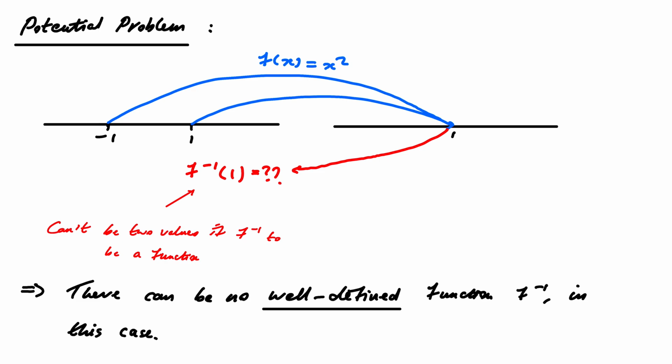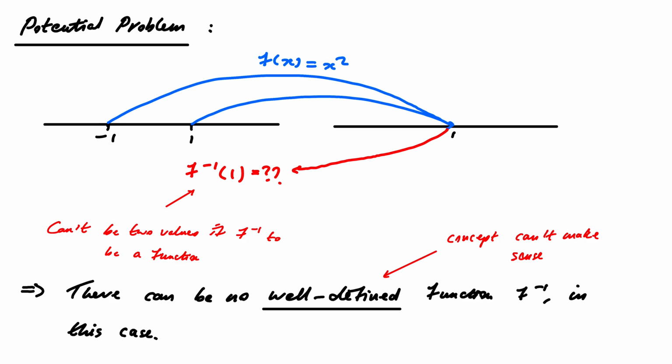So if I have the function x squared, there's no way there's going to be an inverse to this. So what this really means is the concept can't make sense.